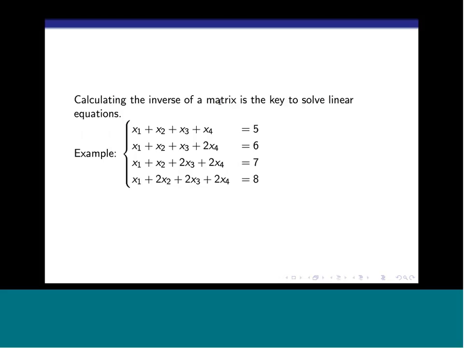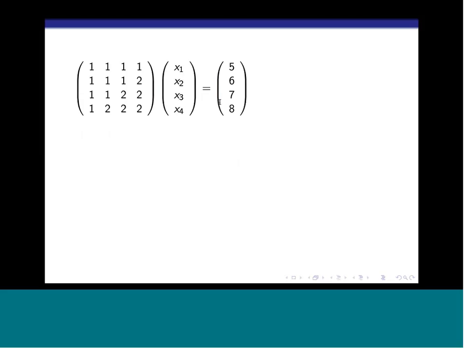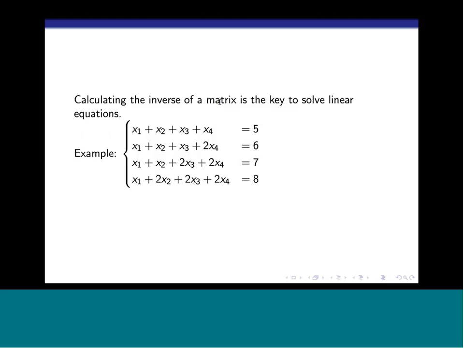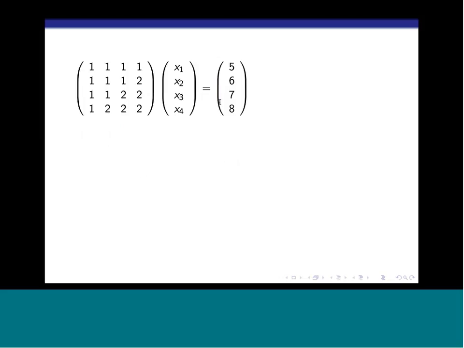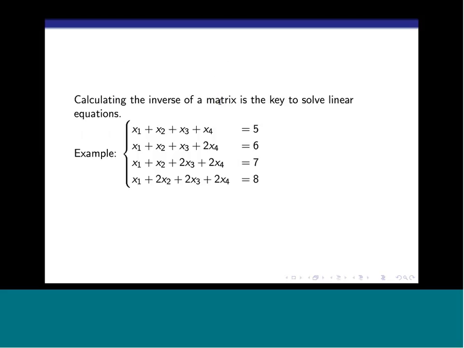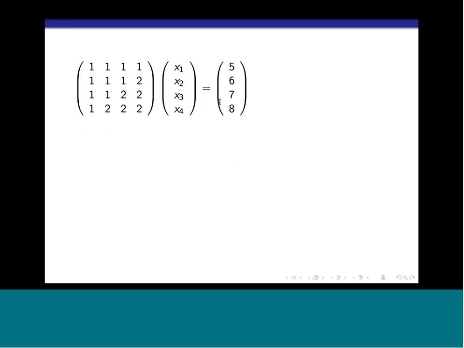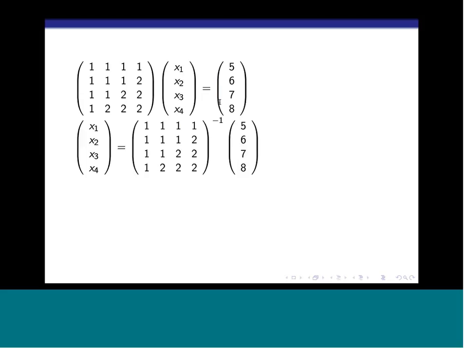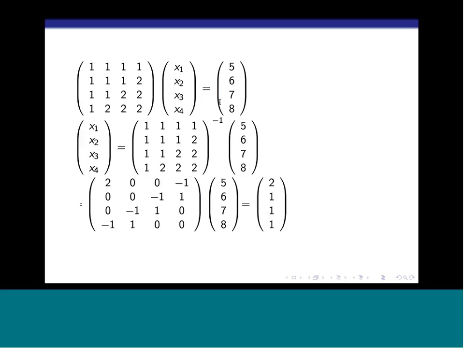So the matrix A is like that. You can write that in matrix form like that. Are you good about it? Okay. So if we know the inverse already, then just apply the inverse. That's it. See, this is pretty beautiful.